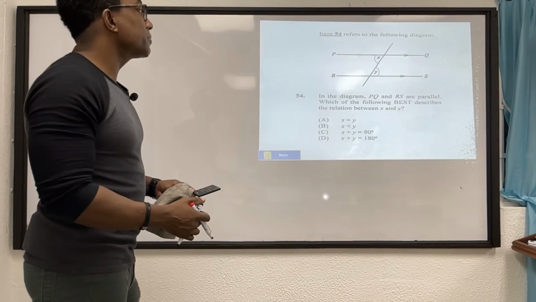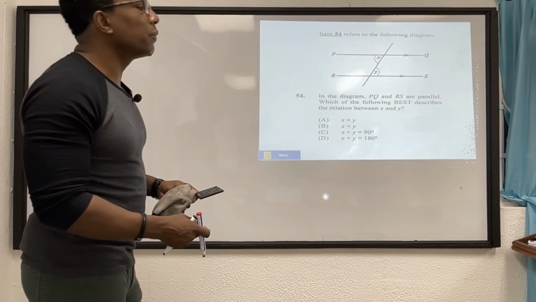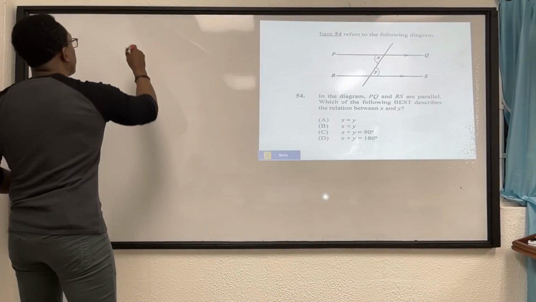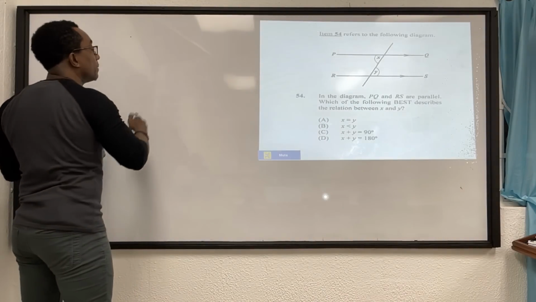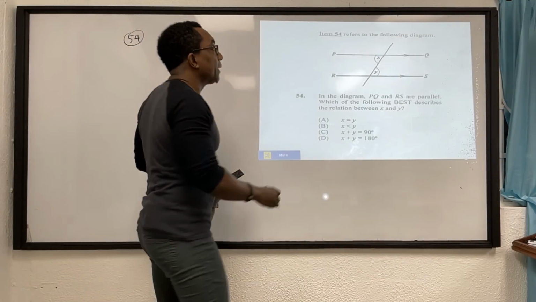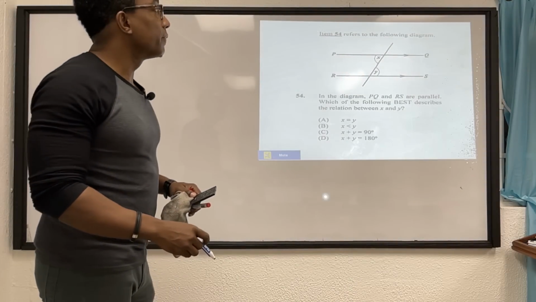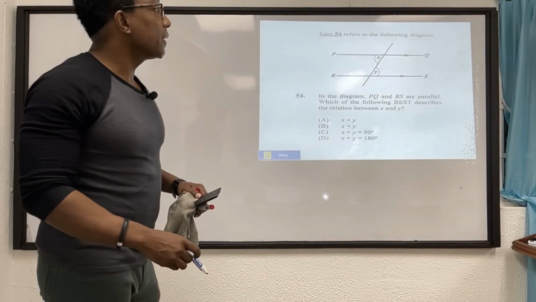Which of the following best describes the relation between X and Y? So for 54, for us to determine that relation, what are we going to do? Because these two lines are parallel, then our knowledge of alternate angles can come into play here.